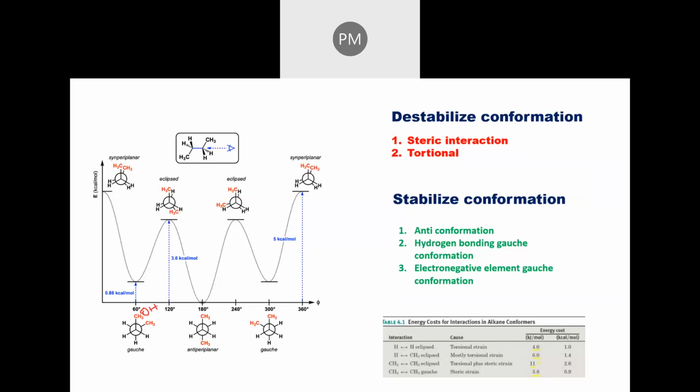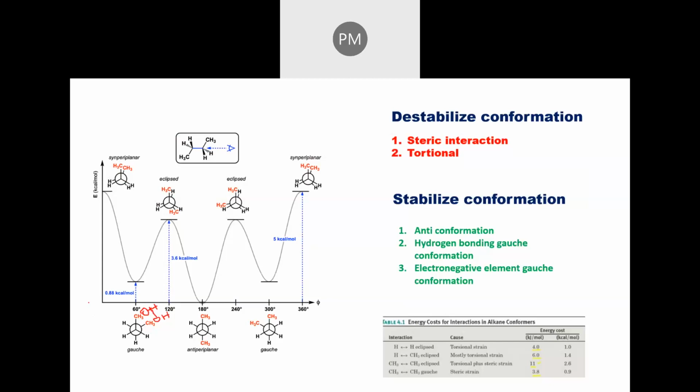In these cases, this OH and there is also another OH. So this will be hydrogen bonded like that. If this hydrogen bonding happens, it makes this conformation more stable.